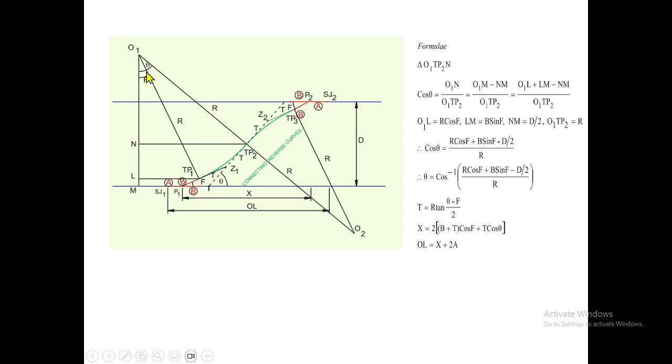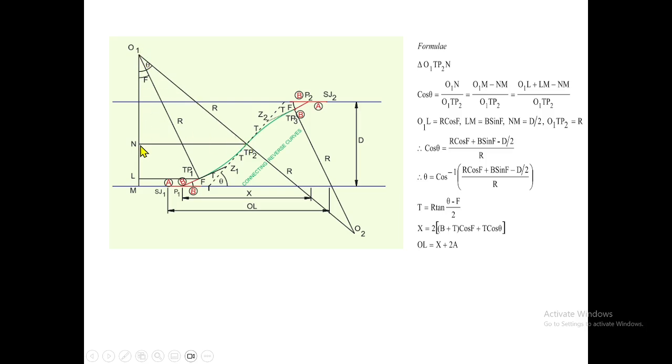So how do we find out the theta? Just similar to the earlier case, in the connection, we again take this triangle O1 TP2 n, and use the cos rule, that is cos theta equal to the adjacent side divided by the hypotenuse.